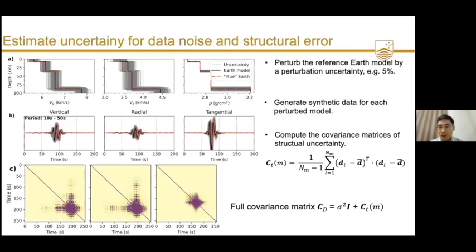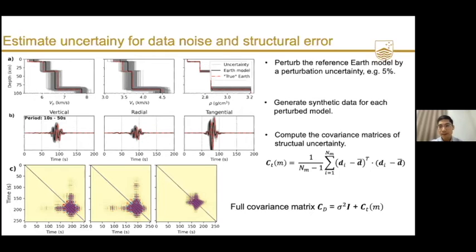Also, in figure B, you can see that when moving to high frequency bands, such as the 10-second to 50-second period used here, there are obvious time shifts between the waveforms obtained from the reference model and our true Earth model. That is why structural uncertainty is necessary to consider in a higher frequency band.